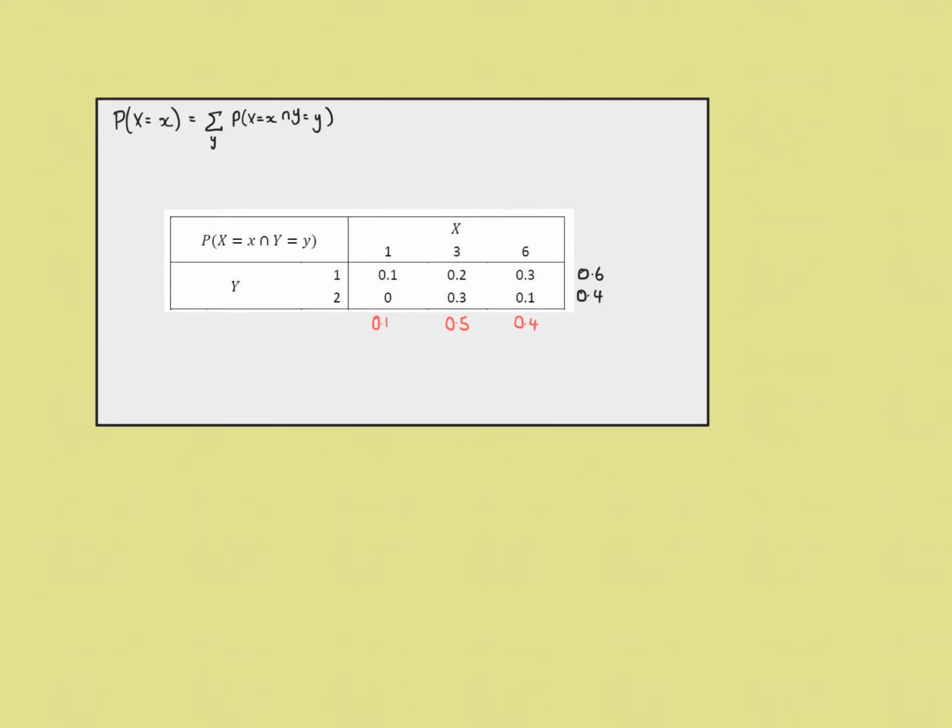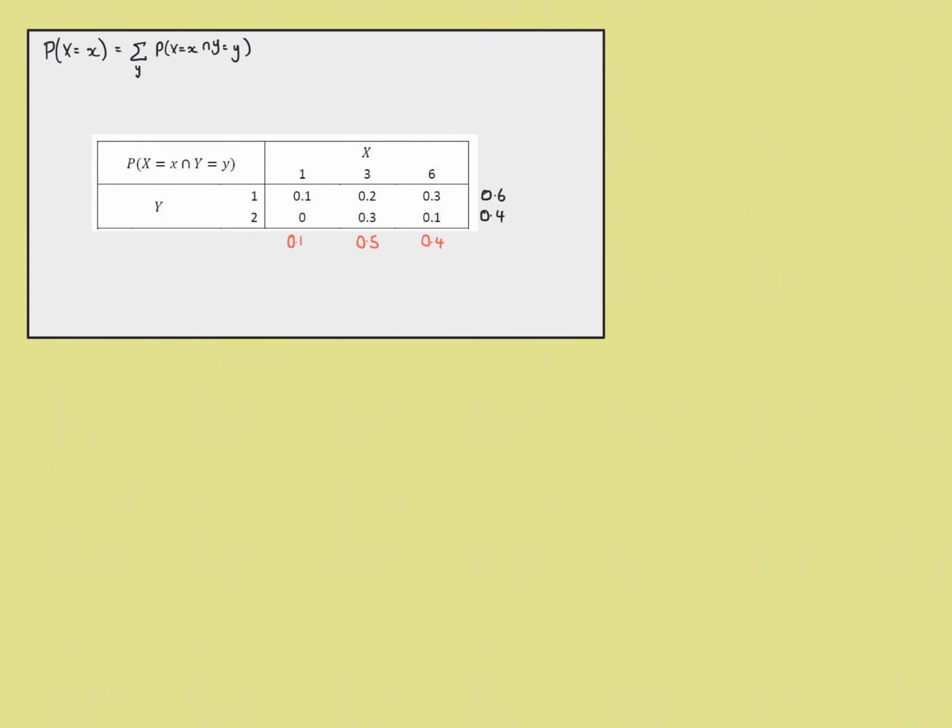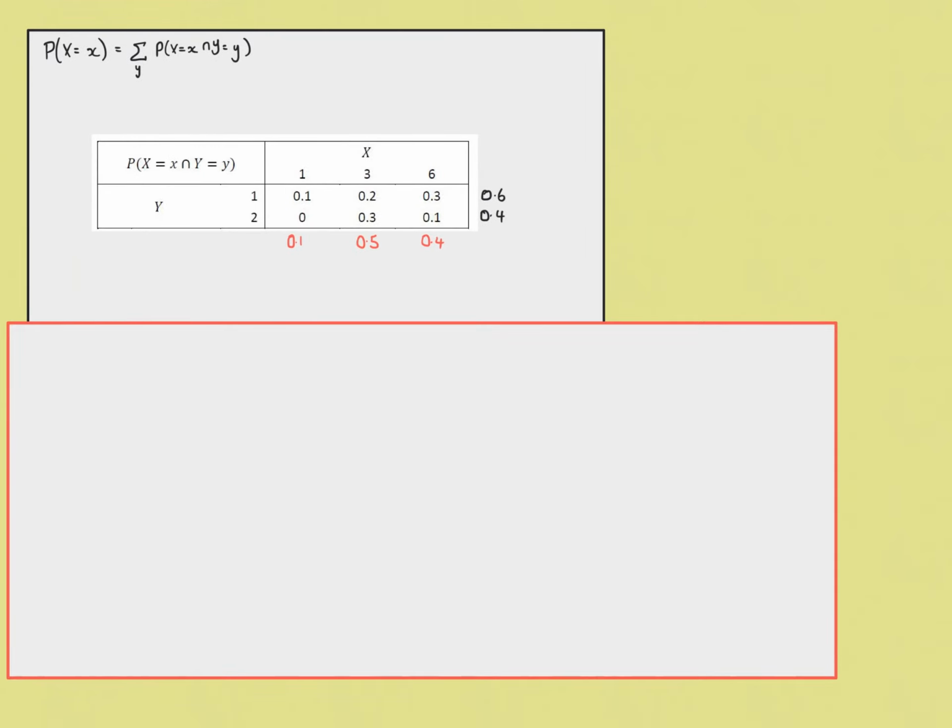So now, in order to calculate the expected value of x, or the expected value of y, remember the expected value of x is just the sum of the product of the probability that x is equal to a particular value of x times by each particular outcome.